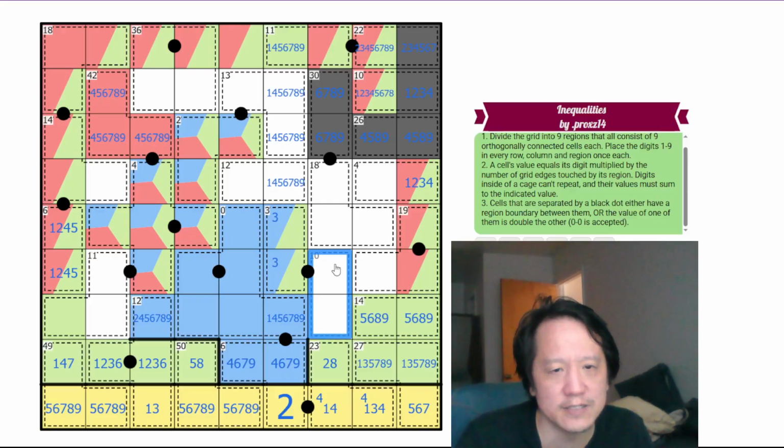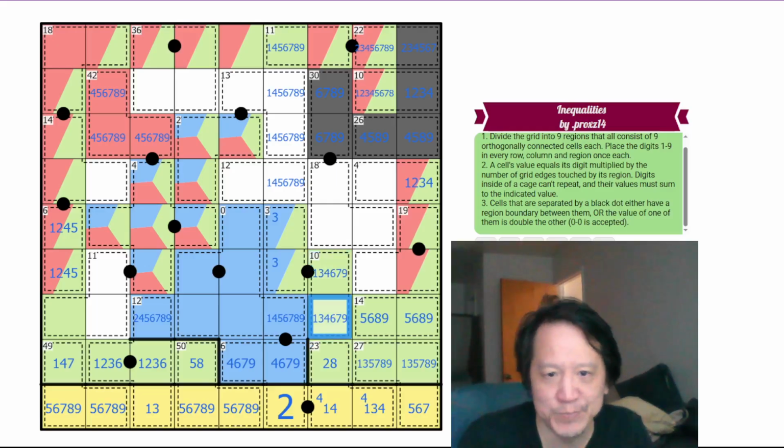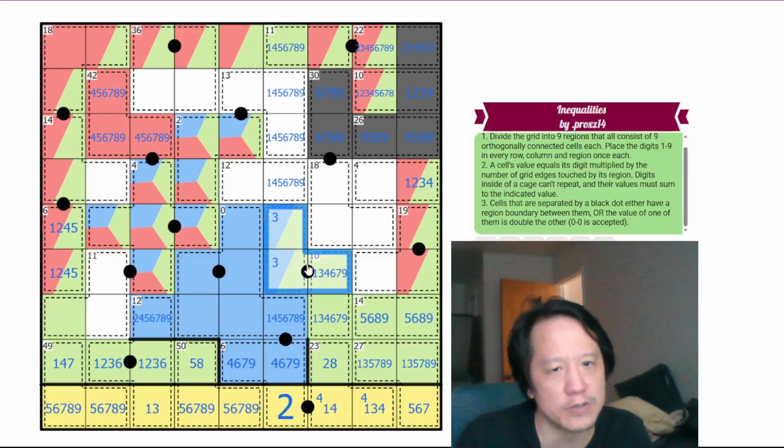So none of these can be doubled. So therefore this has to be two valid cells. So it cannot be 2, 8 because that would eliminate all possibilities for that cell. So this must be 1, 9, 3, 7, or 4, 6 here. Okay. We don't know if this is part of the same region. It could be part of some other region going this way. We don't know.